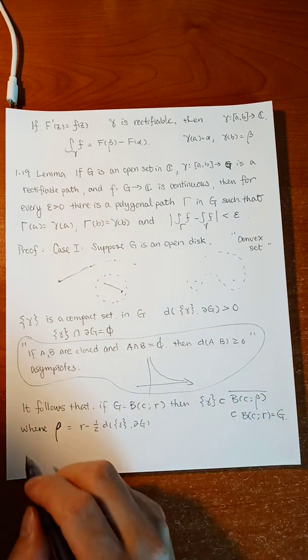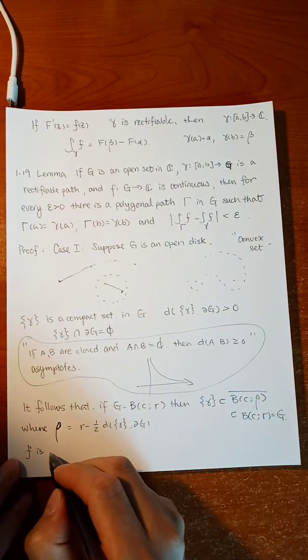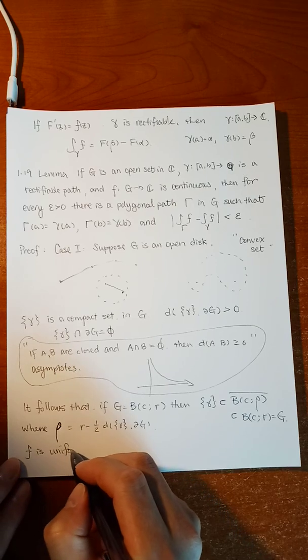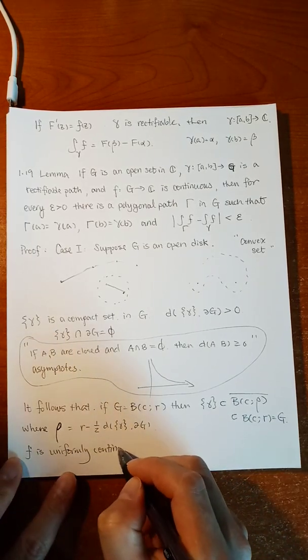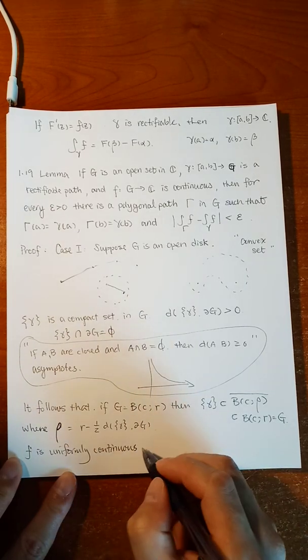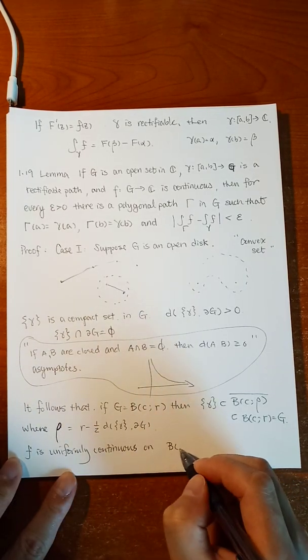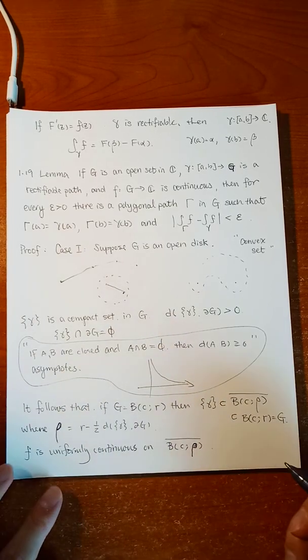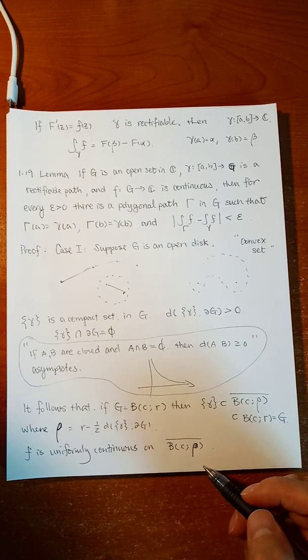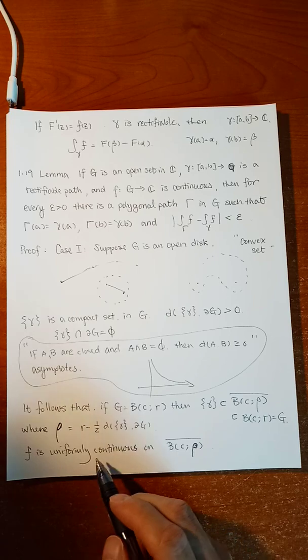So F is uniformly continuous on this compact set. Okay, so we just need the uniform continuity.